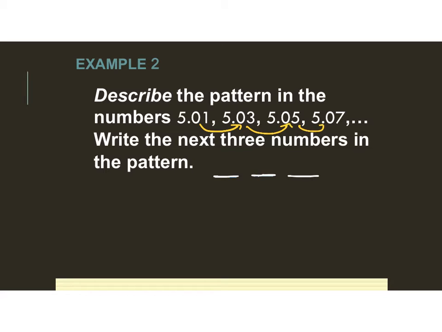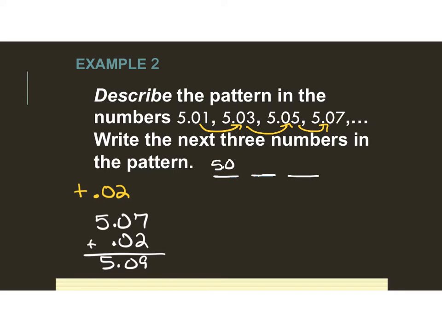What happened each time? And you can see that it looks like they're adding 0.02 each time. So now to get the next number in the pattern, I'm going to take my 5.07 and add 0.02. 5.09, add another 2 hundredths, so 5.11, and then 5.13.